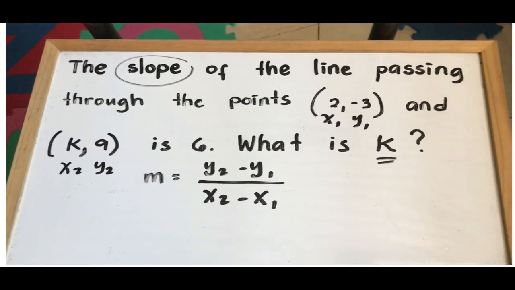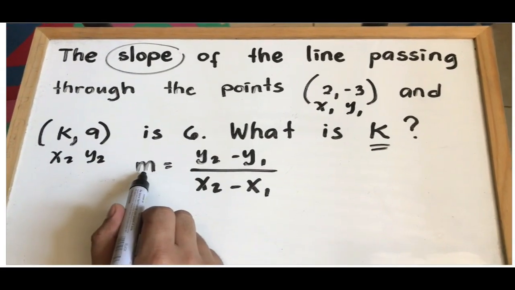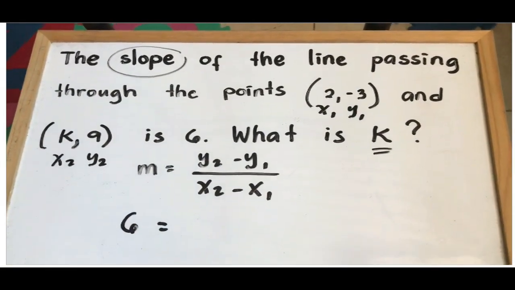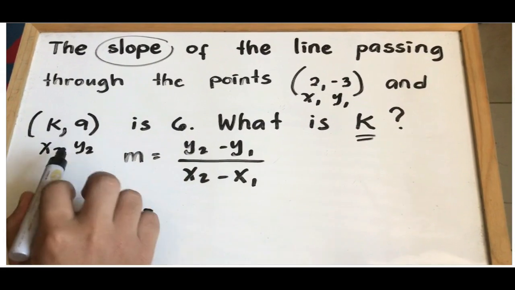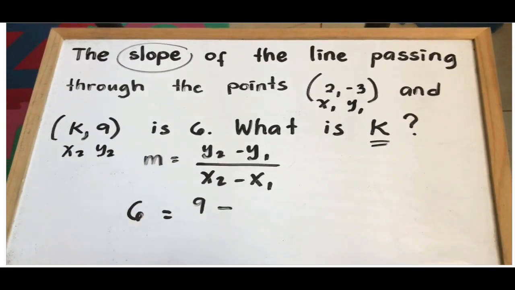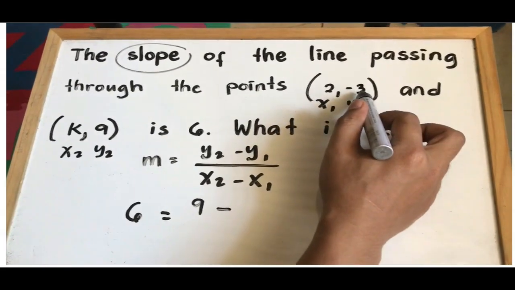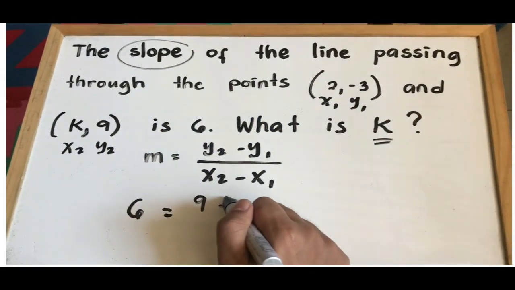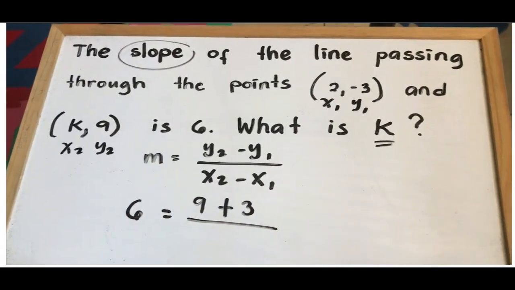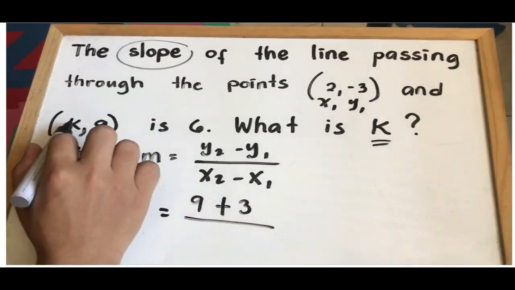Then, substitute natin. Given si m na slope, which is 6, so write 6. Y sub 2 is 9. Minus y sub 1, negative 3. So, negative times negative, itong ngayon ay magiging positive 3 na. Over, x sub 2 is k.